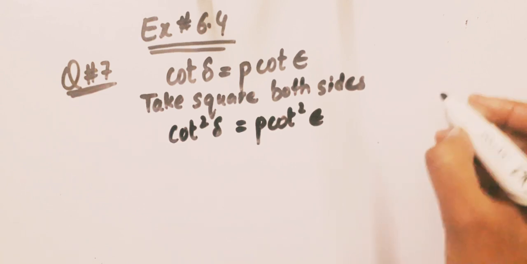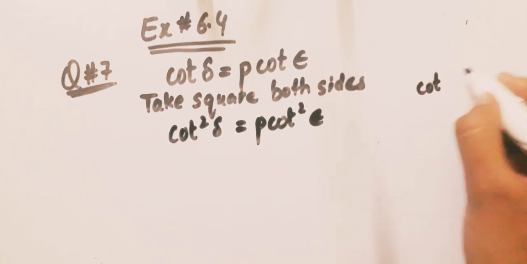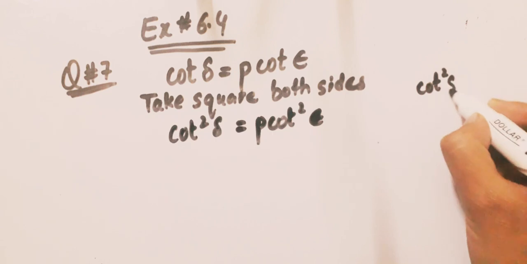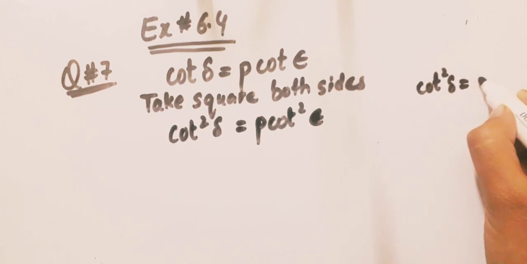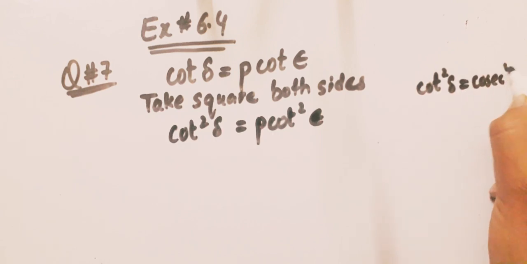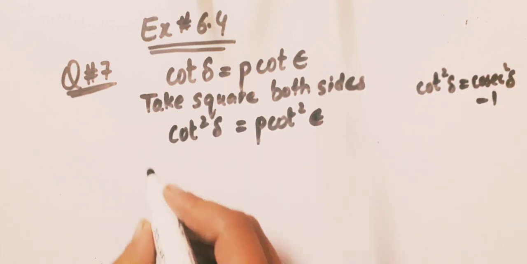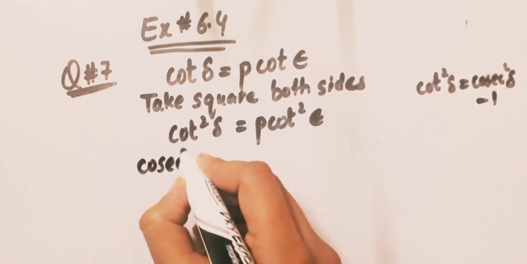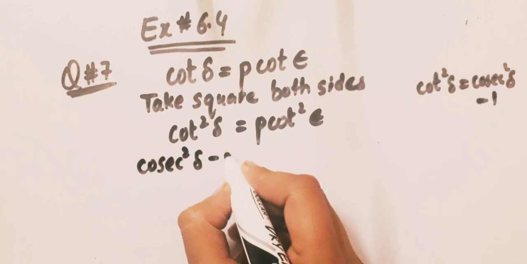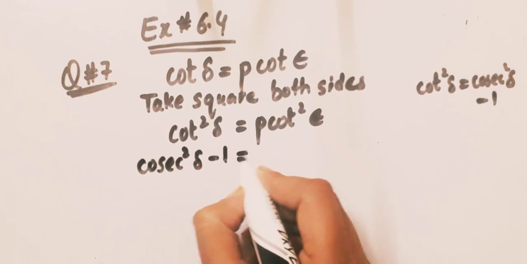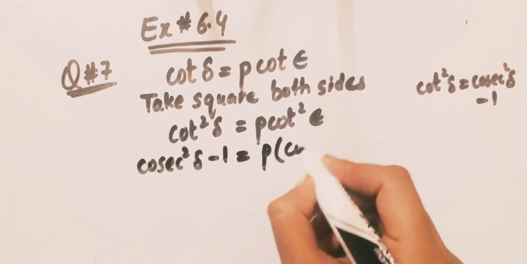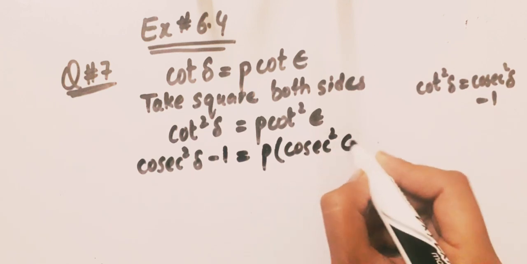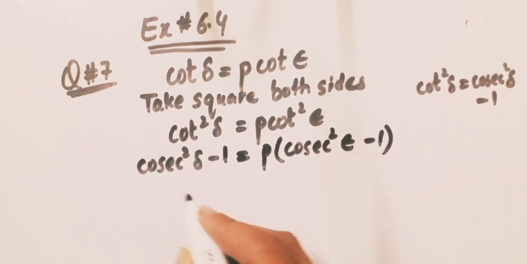Now you know that cot square delta is equal to cosecant square delta minus 1. So you will substitute this value here as cosecant square delta minus 1 equals p into cosecant square epsilon minus 1. Now you have to find the value of cosecant delta.